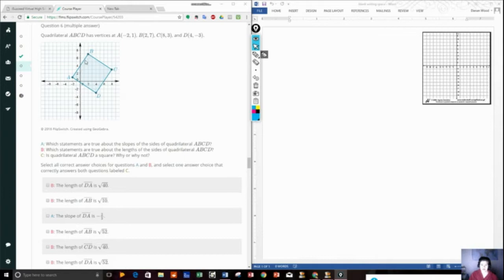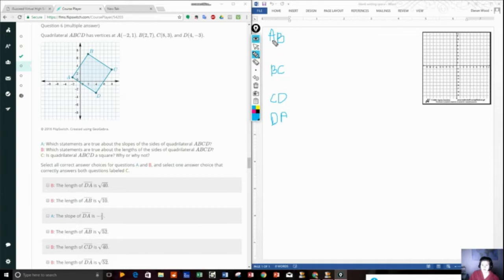So that means that AB would have to be perpendicular to AD, and all of these angles have to be perpendicular. All right, so let's start off by answering question A. What are the slopes? So we're going to find the slope for AB, the slope for BC, the slope for CD, and the slope for DA.